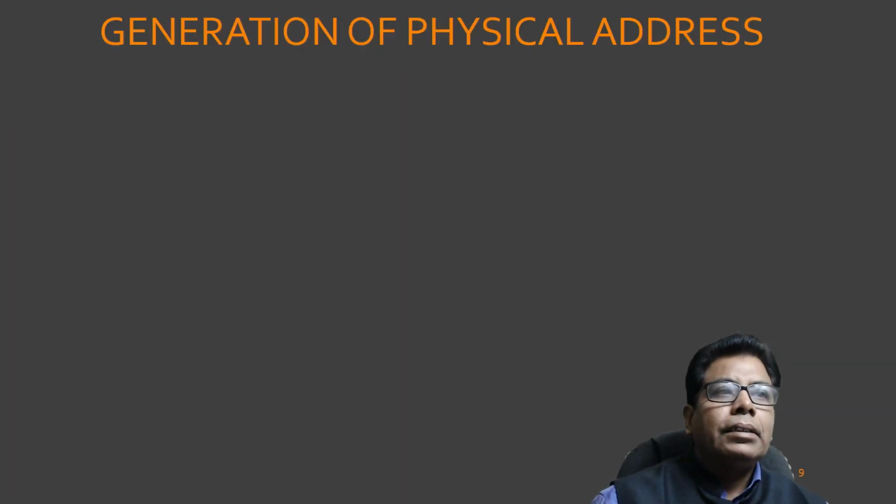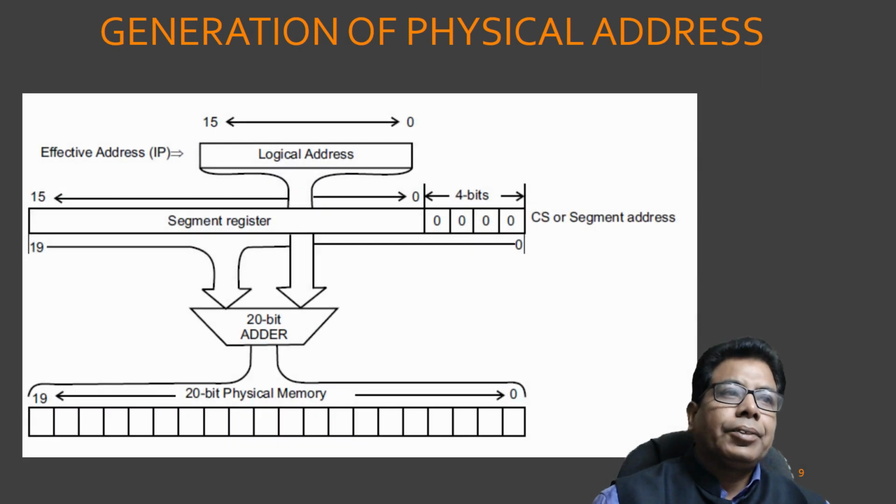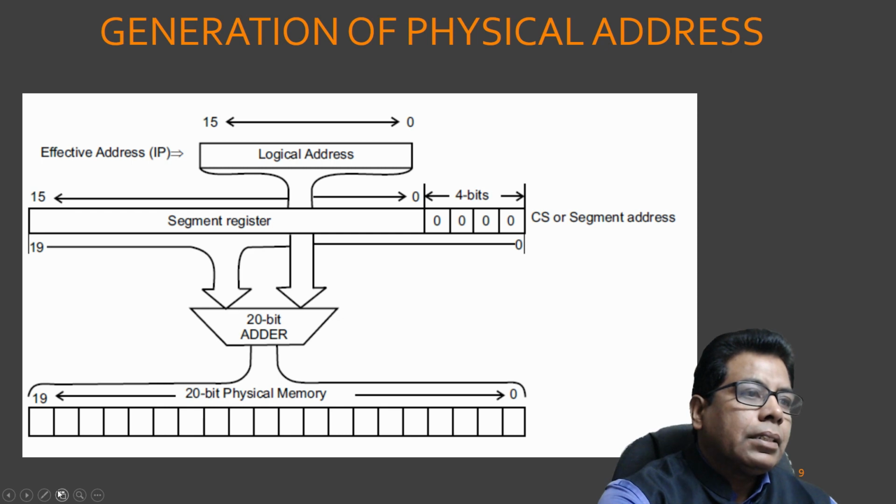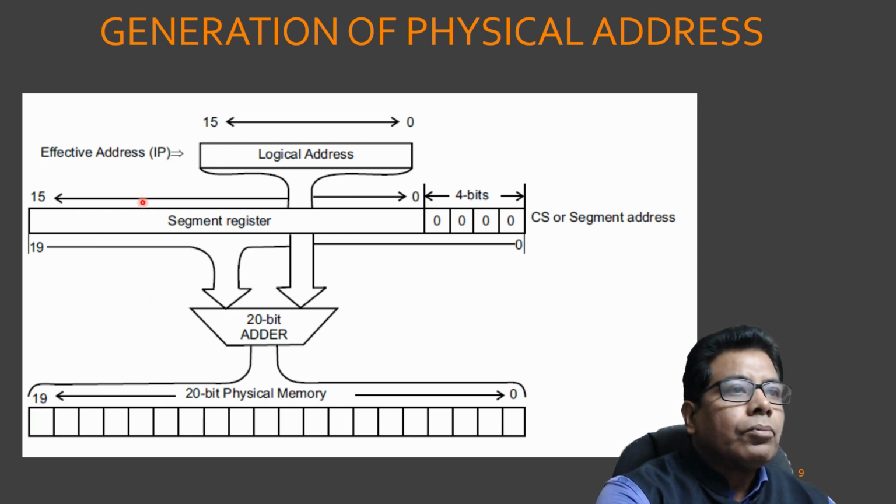Then let us see the generation of physical address. Here you can see in the figure we have effective address IP. Here we are considering the CS segment, that is the code segment. So the offset will be in the IP.